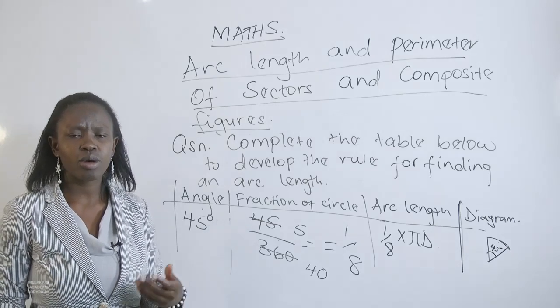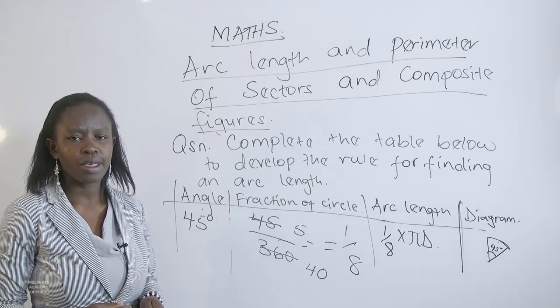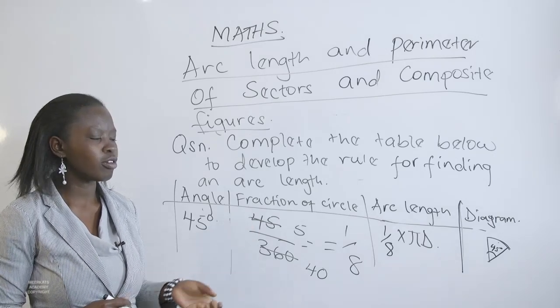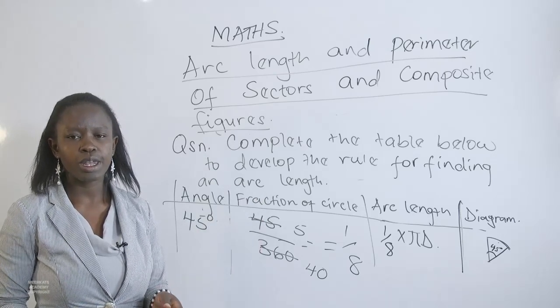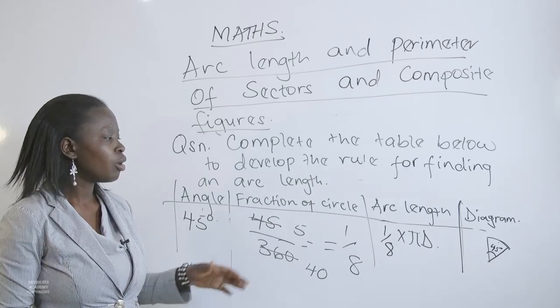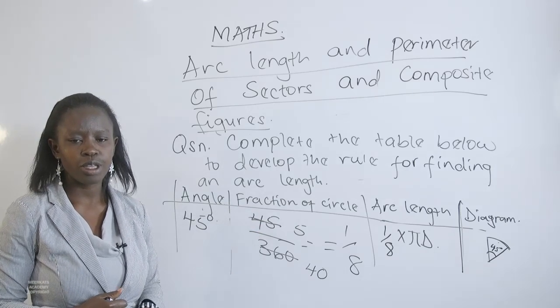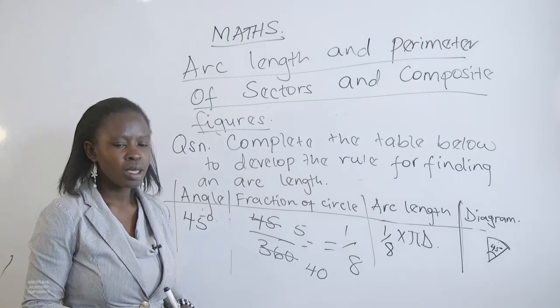So that is just one way of trying to find out how we go about the length of the arc of a given circle. With this question, I believe we can now go ahead and solve some of the questions where we are required to find the length of the given arcs.